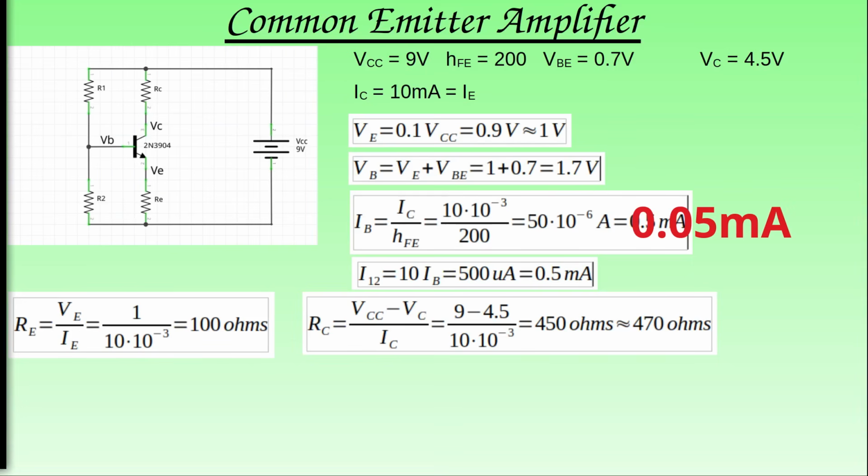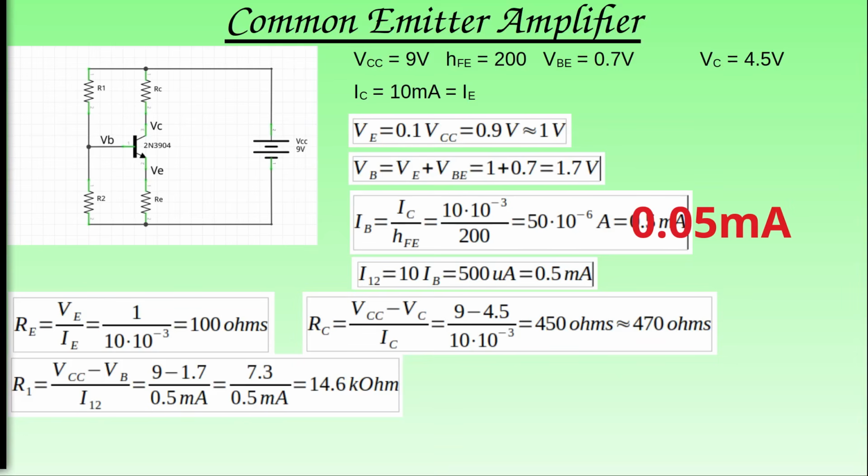In order to have a stable amplifier, we will need a current at least 10 times this flowing through resistor R1. This way we can approximate the current through R2 to the same value. If we call such current I12, its value will be I12 equals 10 times IB equals 500 microamps equals 0.5 milliamps. And now we can use one more time Ohm's law and calculate R1 as the ratio between VCC minus VB over I12.